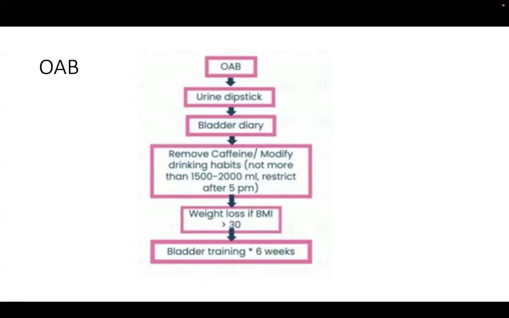After that, once you confirm the diagnosis, we give her lifestyle changes: avoid tea, coffee, alcohol, modify fluid habits, take 1.5 to 2 liters of fluid daily, and restrict fluid intake 4 to 6 hours before going to bed. And weight loss if BMI is more than 30, and bladder retraining for 6 weeks. These are the non-surgical primary management of OAB. You have to memorize it by heart.